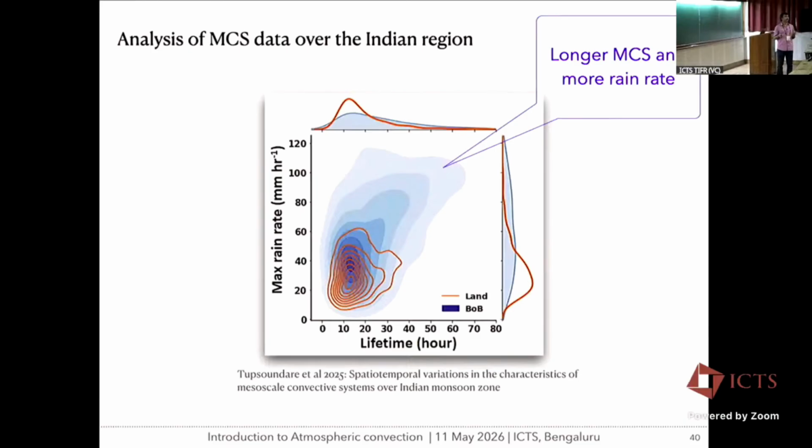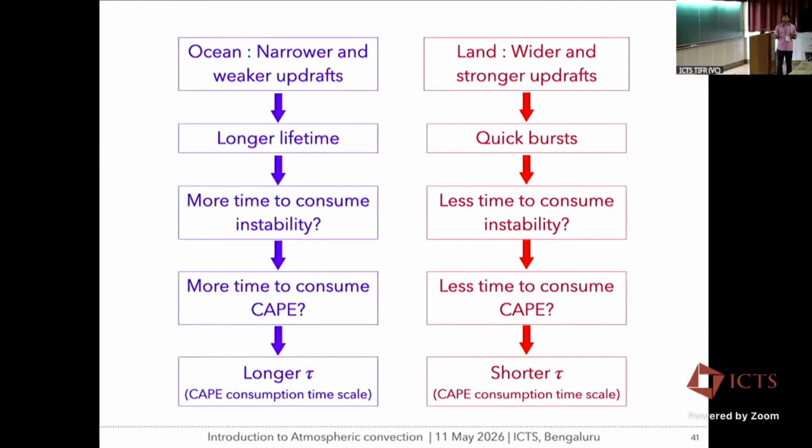Over ocean, they last longer than over land. So again, it's an ocean and land contrast of what we had seen. So over ocean, we have a narrow and weaker updraft, and a longer lifetime.